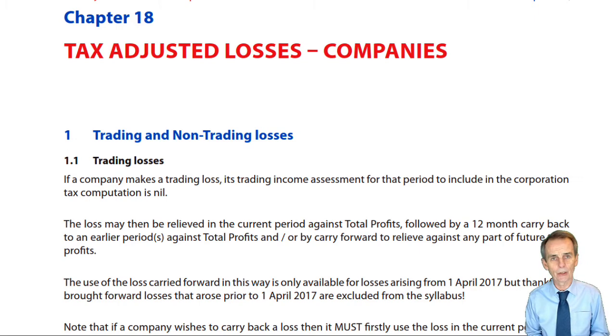On that basis, there is a loss. We know that wherever there are losses, then we will have a nil assessment, not a negative figure going to the corporate tax computation. And we saw then how to deal with that loss. Don't worry, a reminder of that is coming up in a short while. But we've dealt with property business losses, the way in which we must use them in the current period against total profits, and then we carry forward.